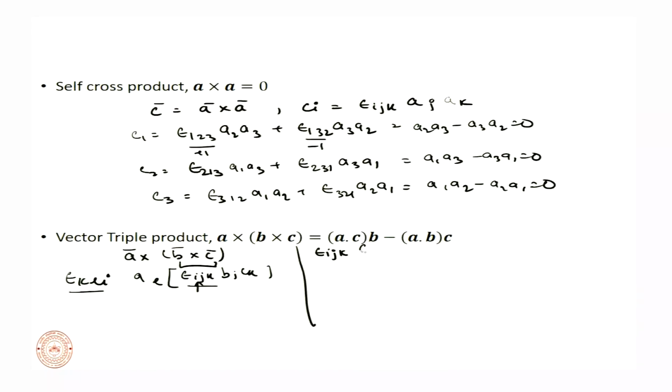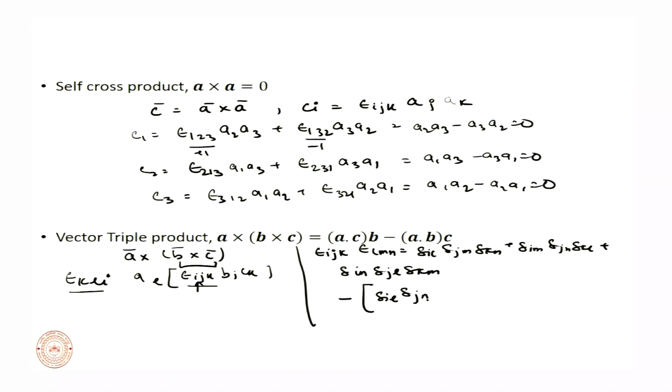So epsilon ijk epsilon lmn, the product of two permutation tensors, is delta il, delta jm, delta kn plus delta im, delta jn, delta kl plus delta in, delta jl, delta km, minus, in brackets, delta il, delta jn, delta km, delta in, delta jm, delta kl, delta im, delta jl, delta kn.